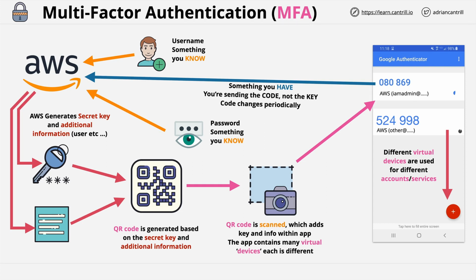And in general, on most modern phones, the MFA application itself will also be protected with multi-factor authentication. So generally, you'd need to have first logged into the device using a PIN code, and then potentially needing a fingerprint scan or a facial scan in order to gain access to your MFA application. So this is a really effective way of adding additional security to any of your web applications, including AWS.